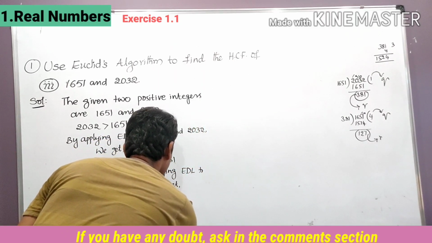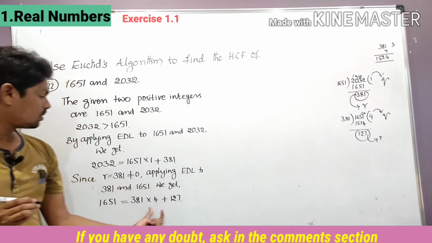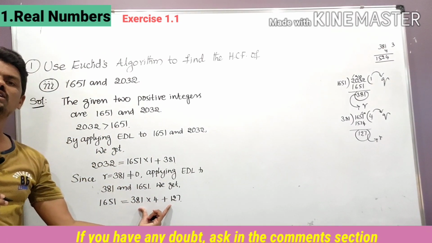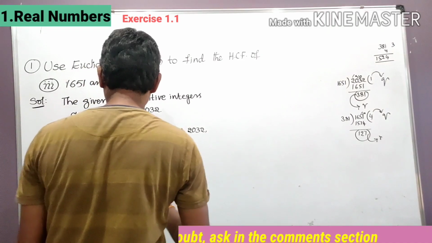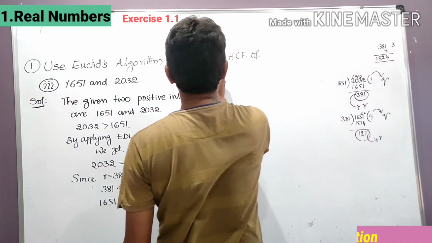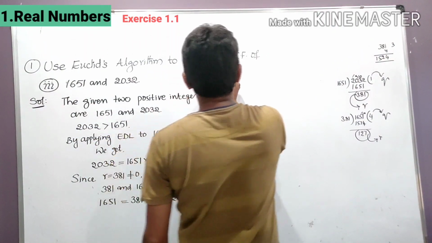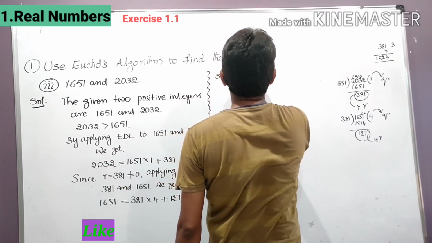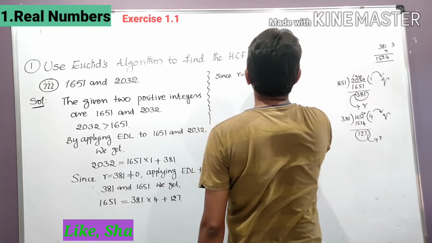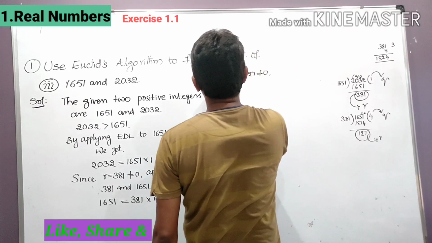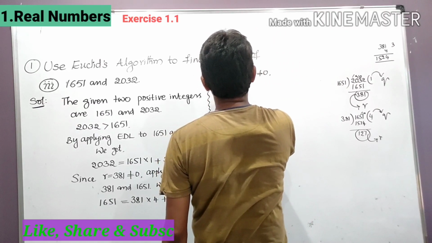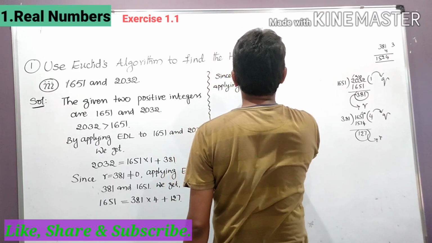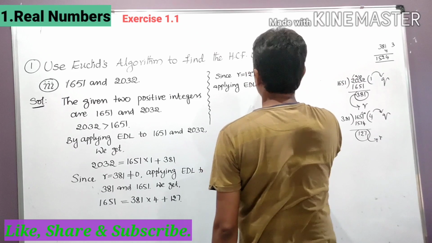Again here we did not get R equal to 0. Since R is equal to 127, not equal to 0, again we have to apply Euclid division lemma for these two positive integers.